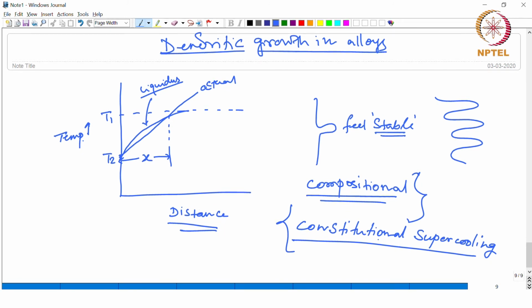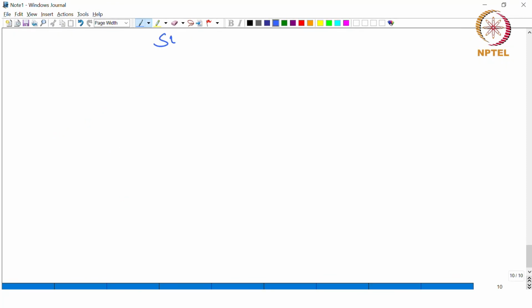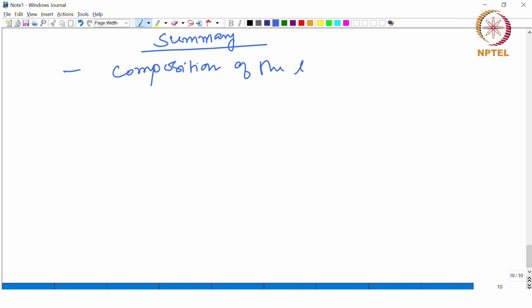Now, if I have to summarize this dendritic growth in alloys, here we have seen that the composition of the liquid varies as a function of distance from the solid liquid interface.